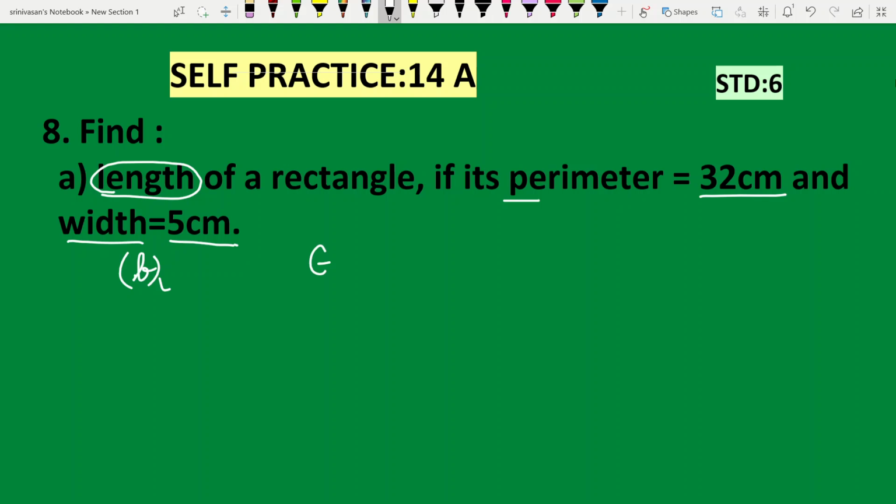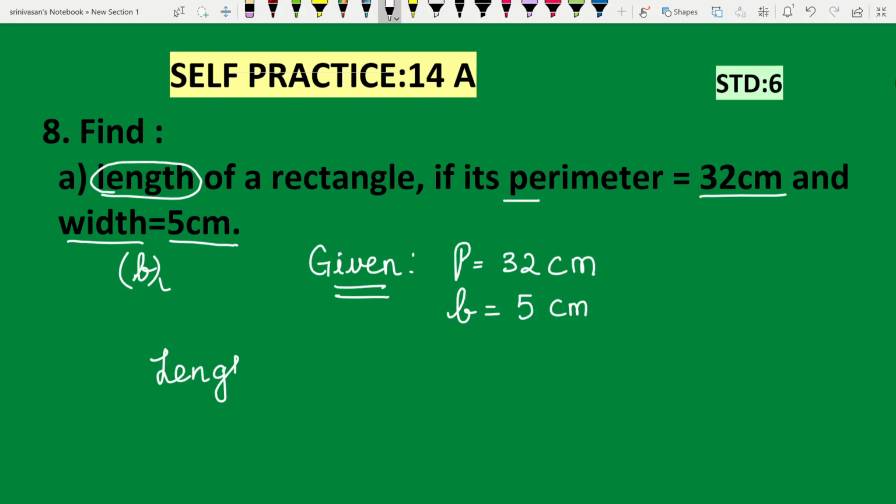Let us write the given things. Given is perimeter, that is P, 32 centimeter, and width, that is breadth, equal 5 centimeter. We have a specific formula to find out the length of a rectangle.